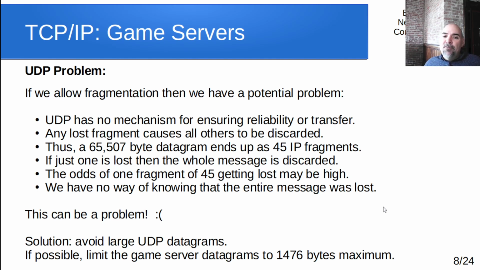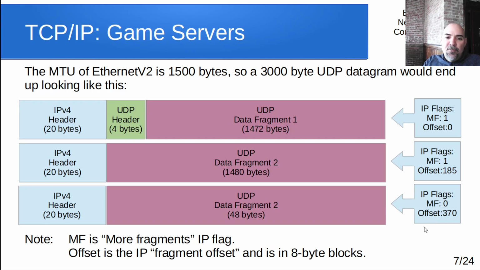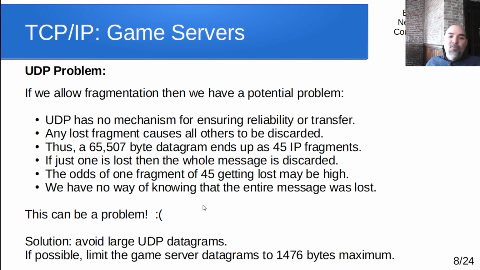So in other words, if I had those 3 fragments and just the last one with the last 48 bytes got lost, let's go back and look at that for a second. If this fragment gets lost, it'll dump all of it. It'll never release any of it to the system because it's an incomplete, partial UDP packet. It can't release it, it won't re-request it, so it'll just dump it. And notice that problem gets worse the larger the UDP packet size is. Any lost fragment will cause the entire message to be discarded.